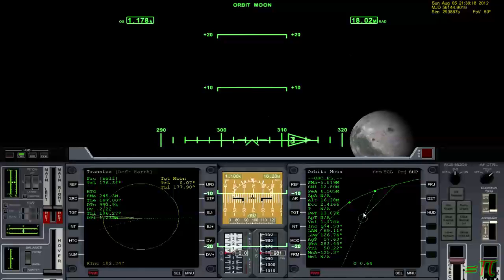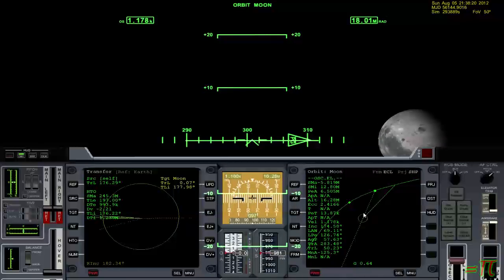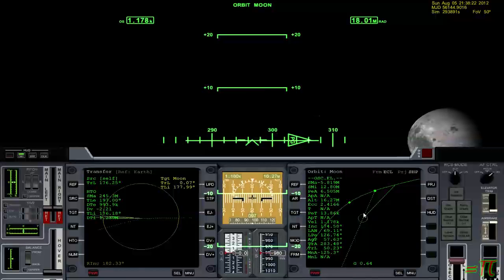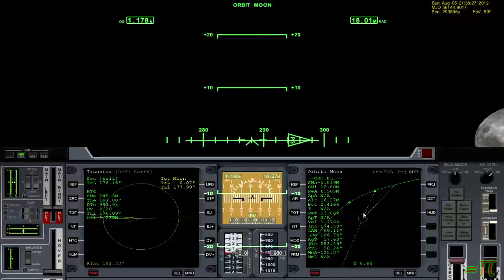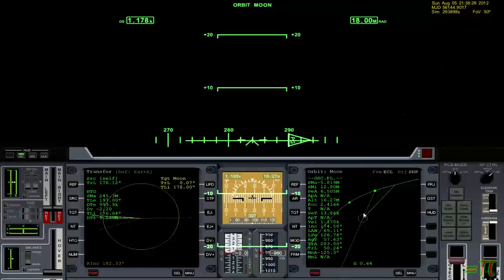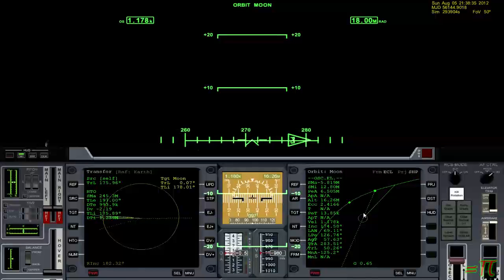Let me get in position. Okay, almost there. Okay, so we're facing 270.